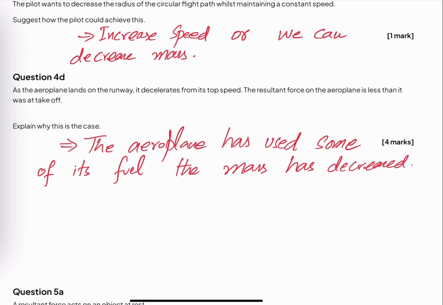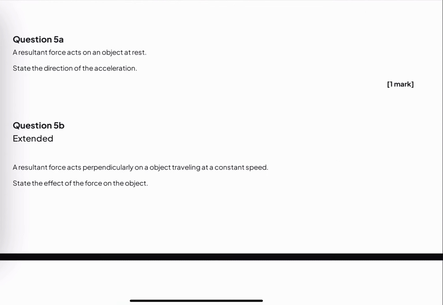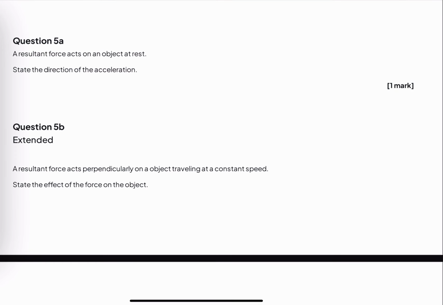And we know that force is directly proportional to mass if we keep the acceleration constant. So if the acceleration is the same, the force and mass are directly proportional. Therefore, force decreases.